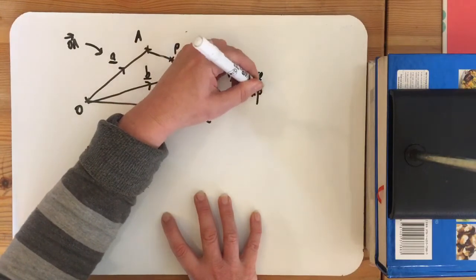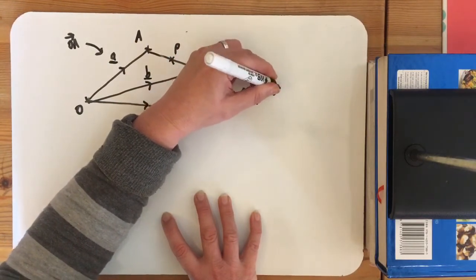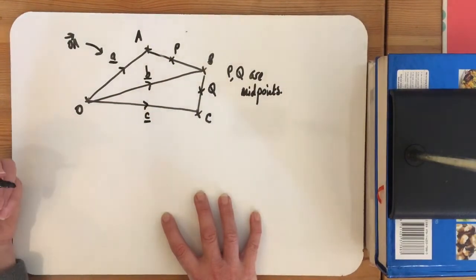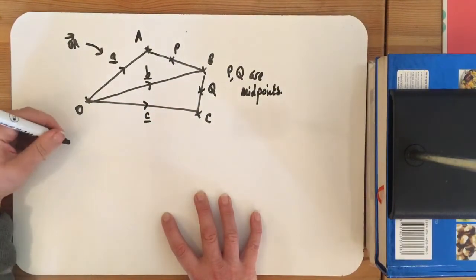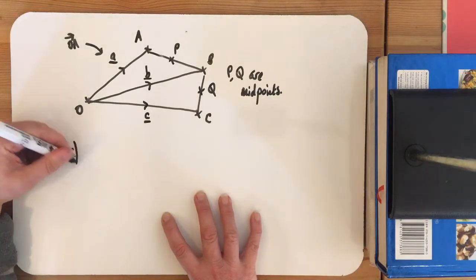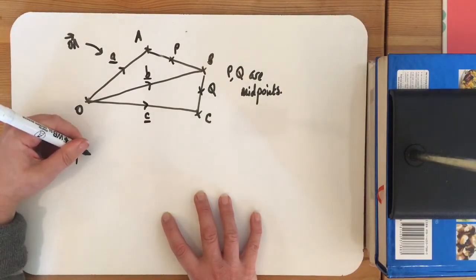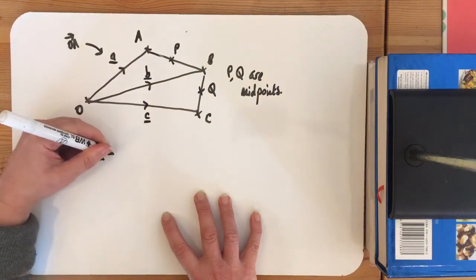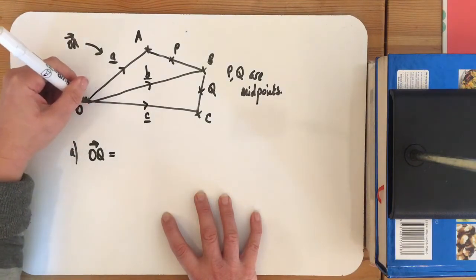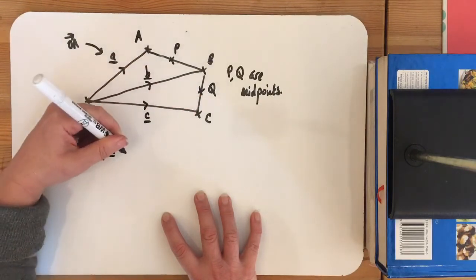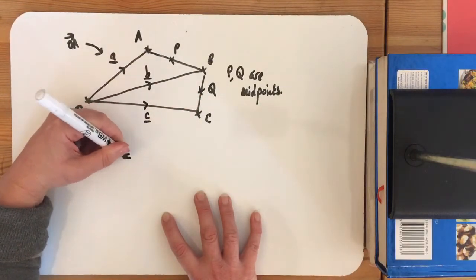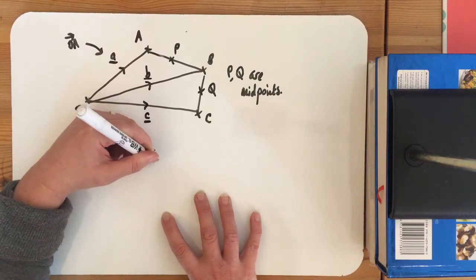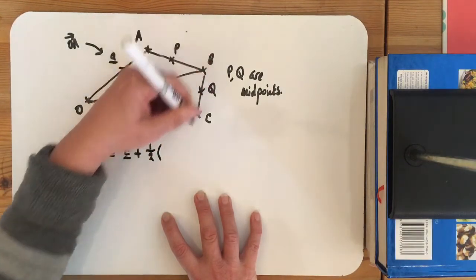I'm going to have to get some thinner pens, I think. This is just about okay. So halfway along AB we've got P, halfway along BC we've got Q. So to find the position vector of Q, I can go from the origin to C plus half of the way along CB.